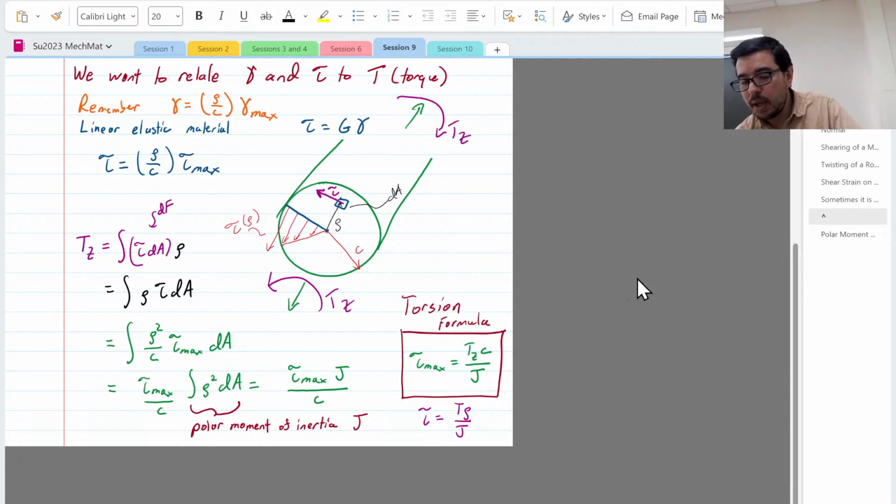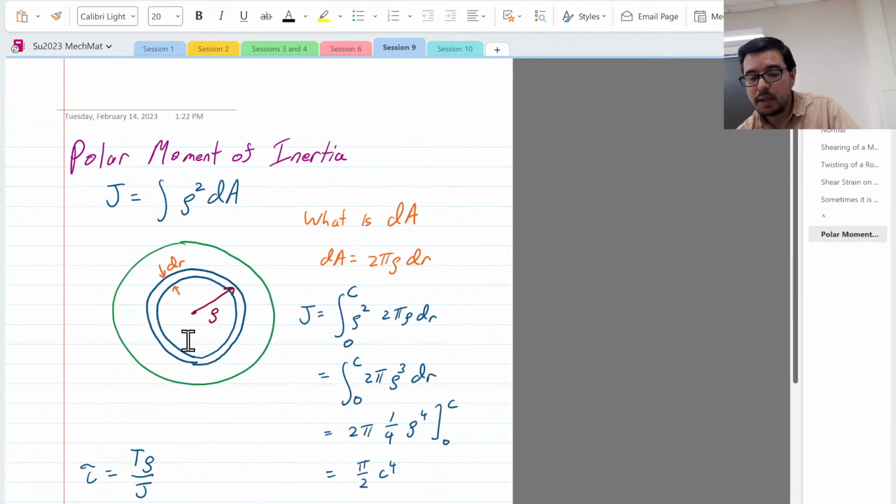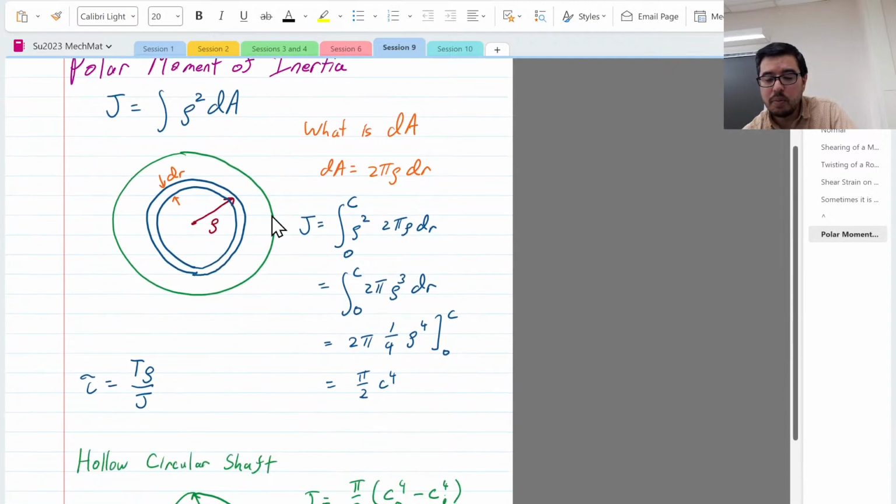And to do that calculation, this integral of rho squared dA, that's J, and that's equal to the polar moment of inertia. If we use polar coordinates, we can integrate appropriately to calculate out what J is for a non-hollow, a solid circular shaft.